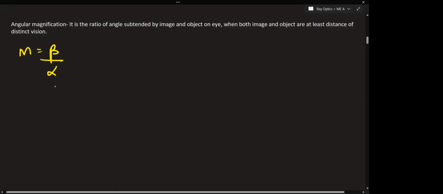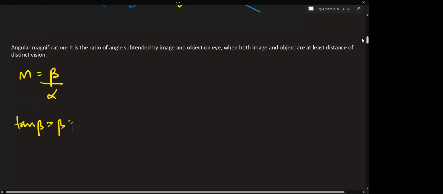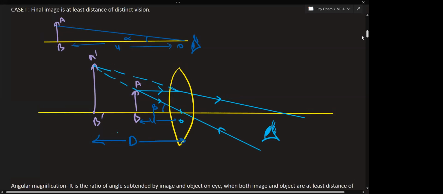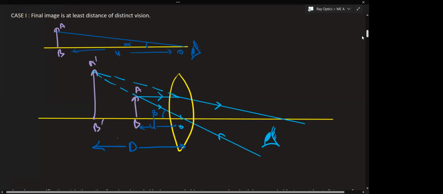Now see, for calculation purposes, we can do one thing. We can take tan beta approximately equal to beta and solve this. Now see, if you look at these triangles, this is tan alpha. So alpha is equal to what?